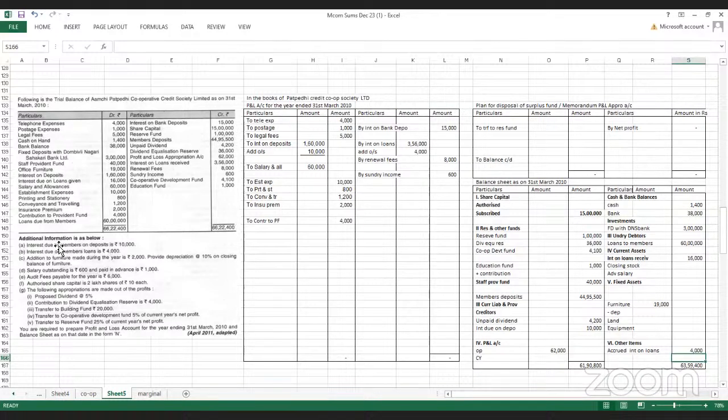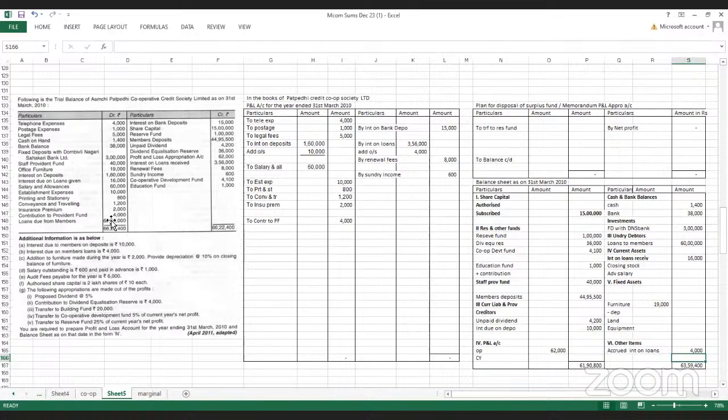Clear? So just look at the furniture value, 19,000. You can show the bifurcation: 17,000 old plus new purchase 2,000, total 19,000. It is not told to you that it is unrecorded. It means it is already taken care of. So that 19,000 includes that 2,000 rupees. Is this clear? Now we just have to provide depreciation at 10% on this closing value.